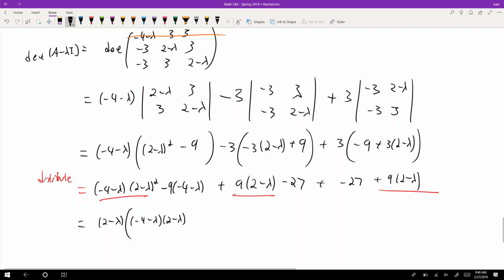You factor out a 2 minus lambda out of 9 times 2 minus lambda. That's just plus 9. And then you factor out a 2 minus lambda from the other term there. It's also a plus 9. So it's 2 minus lambda times all of that. And then everything else, you just write it out. So this is negative 9 times negative 4 minus lambda. And then you got negative 27 minus 27, so that's minus 54.